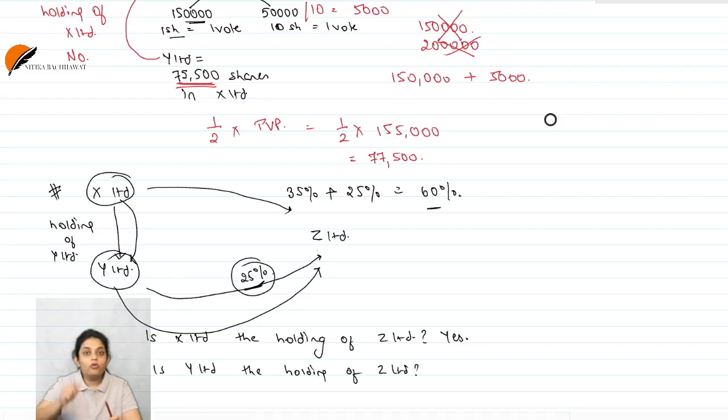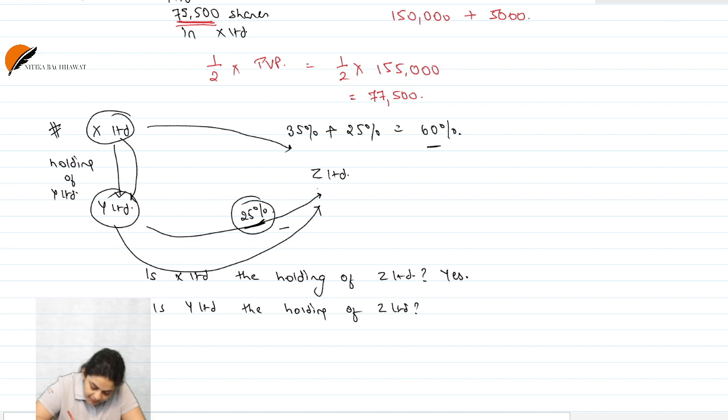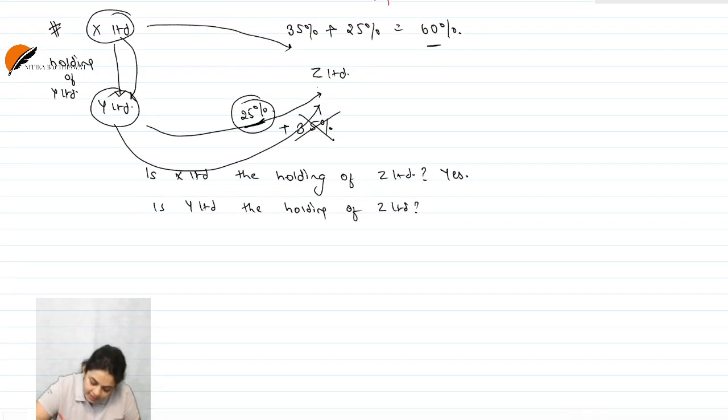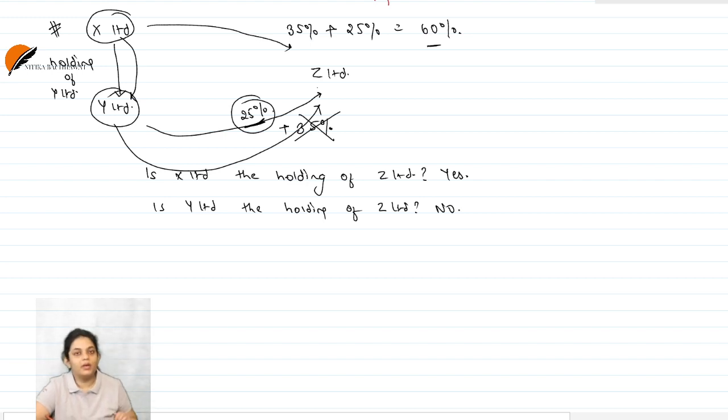But X Limited is the holding of Y Limited, and through Y Limited it is holding 25%. So what is the total holding? 60%. But can I say Y Limited is also holding this 35%? No. It's not given through one or more of its subsidiaries or holding, only subsidiary. So I am controlling through subsidiary, but subsidiary cannot control through holding. So Y Limited is not the holding. I hope it's clear to everyone.